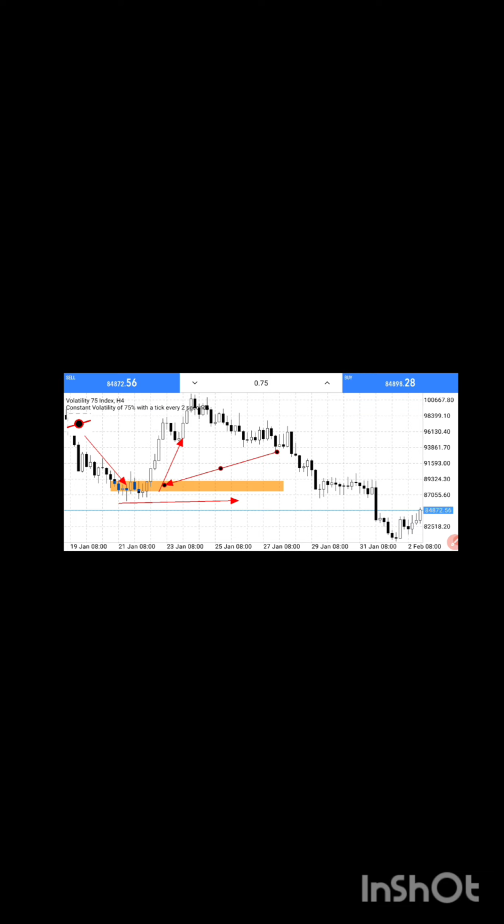And so we can put our SL here, and then we can enter a buy here without necessarily waiting for the market to tap into here. The reason is because we are now at a lower time frame. If you are waiting for the market to tap, it will just keep creating output, and when it's coming back, it's not necessarily going to respect this, because this is just a lower time frame.